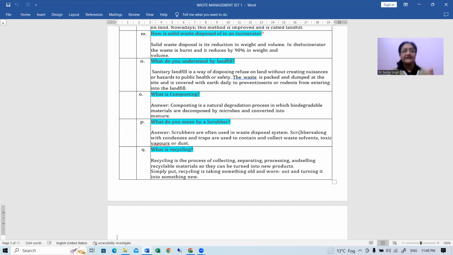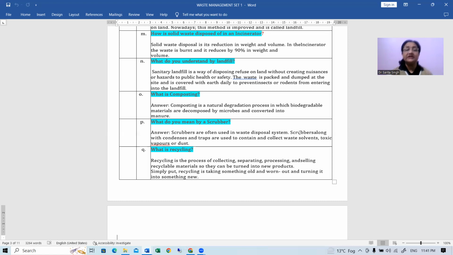Second, many strong chemicals are used in fertilizers, and these chemicals ultimately cause biomagnification. That is again one very important negative side of it. All these problems are reduced to a great extent when we use this manure, or you can say the compost, in the field.